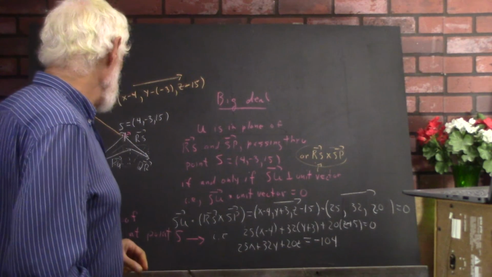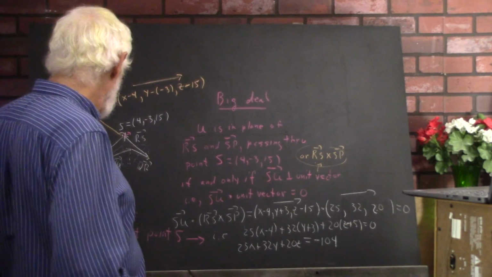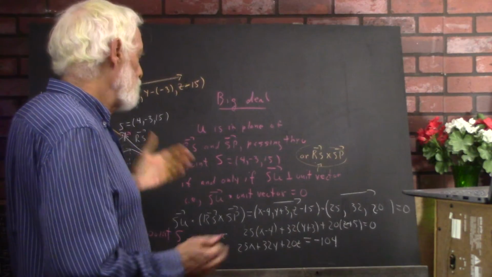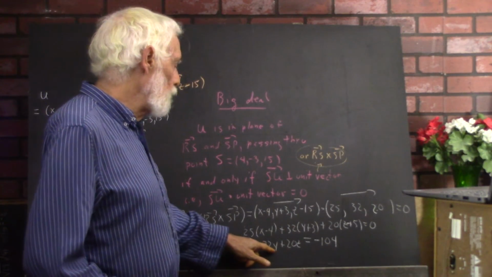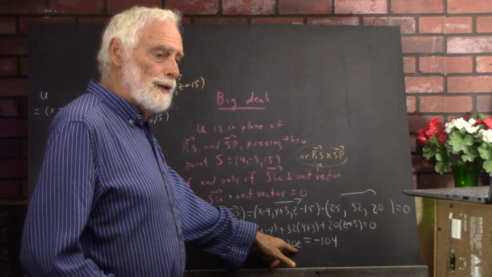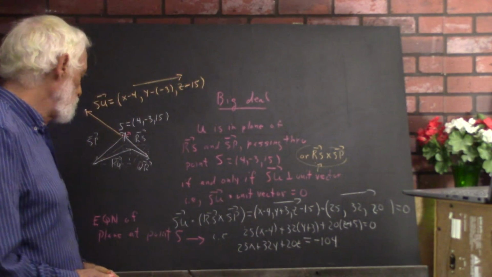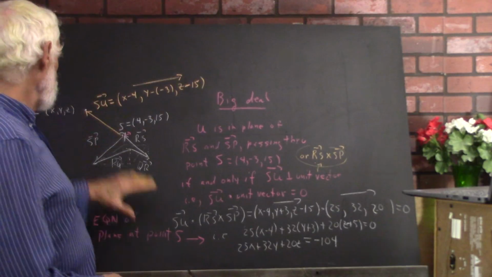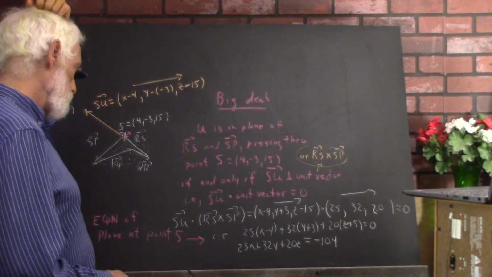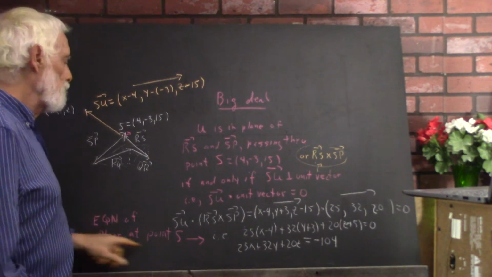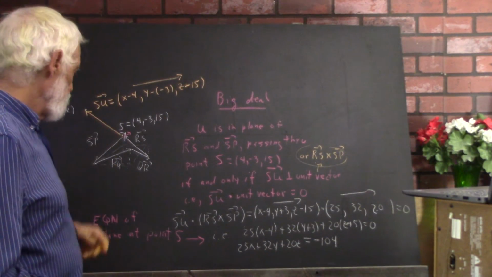You want to think about that. And if you want to specify the values of x and y, you can always find a z. It gives you a point. So there are a lot of neat things about the equation of a plane that allow us to do a lot of really important vector calculus. Okay, so anyhow, here's the equation of the plane through point S.